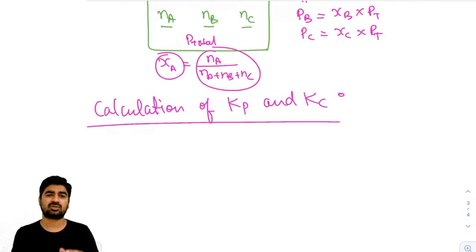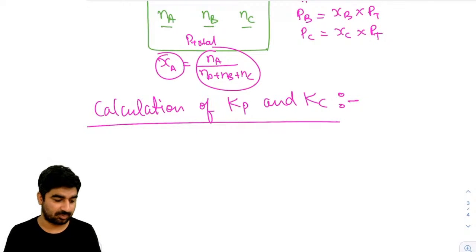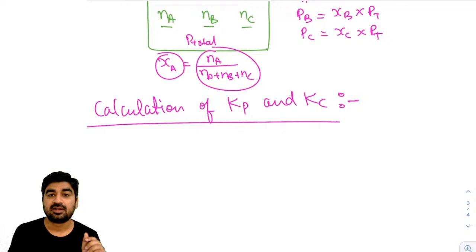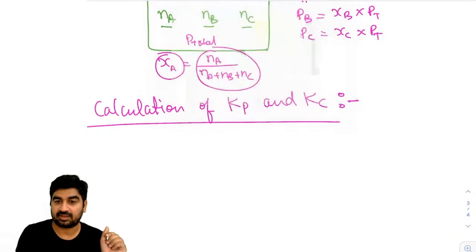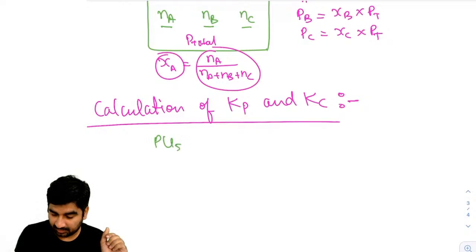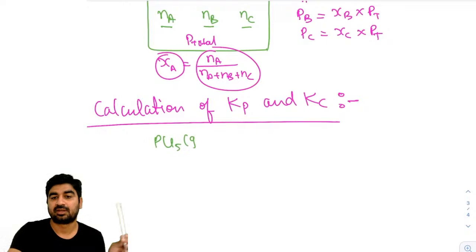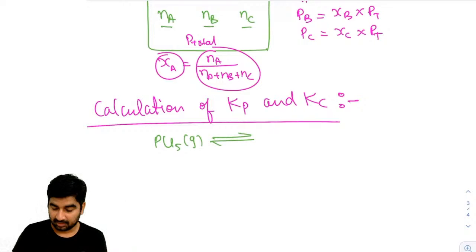So how will you do it? There is not a single formula which you can apply to solve all the problems, right? So how are you going to solve it? Now I'm telling you. Suppose I'm writing PCl5 gas, and it is being converted into PCl3 gas and Cl2 gas.